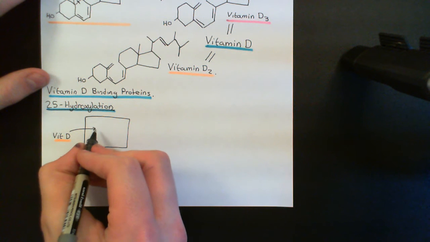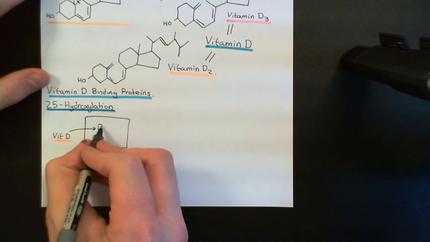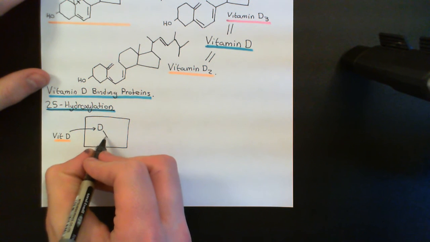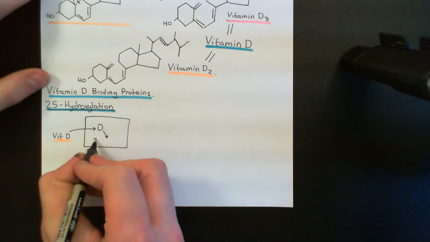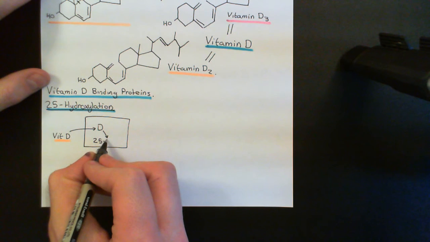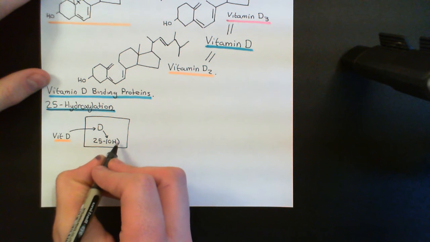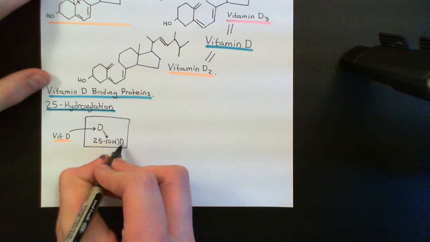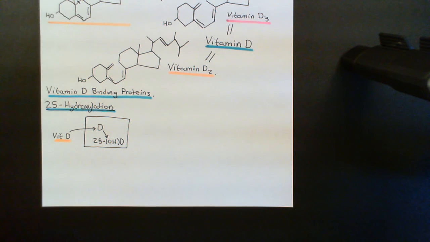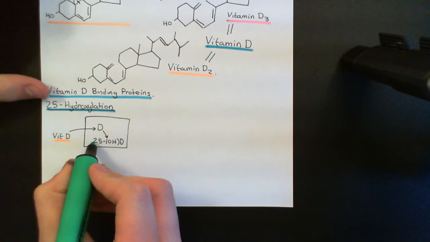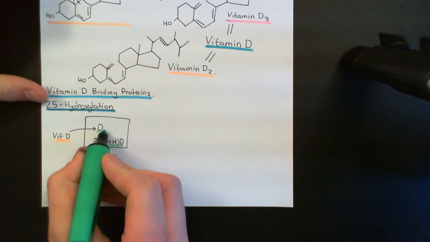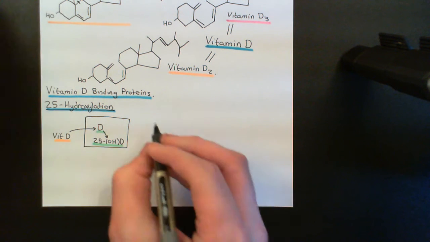Okay, so we're going to uptake the vitamin D, which I'll now just abbreviate even shorter to D here, and we're going to convert it into 25-hydroxy vitamin D, which for short is written like so, 25 dash and then OH for hydroxy, and then D like so. So that's the shorthand for 25-hydroxy vitamin D. But I suppose I should write it out in full.